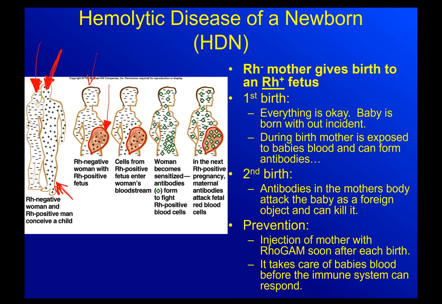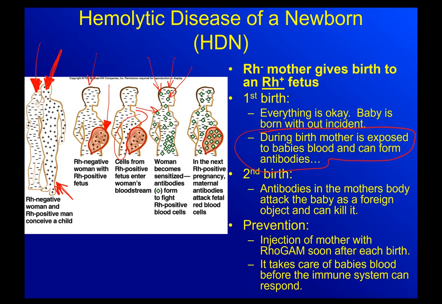For the first pregnancy, everything goes swimmingly well because the baby is basically isolated from mom in the placenta, in the womb, okay? But when the baby is born, there's mixing of baby blood with mommy blood. And when that happens, mommy now starts making antibodies against Rh factor.